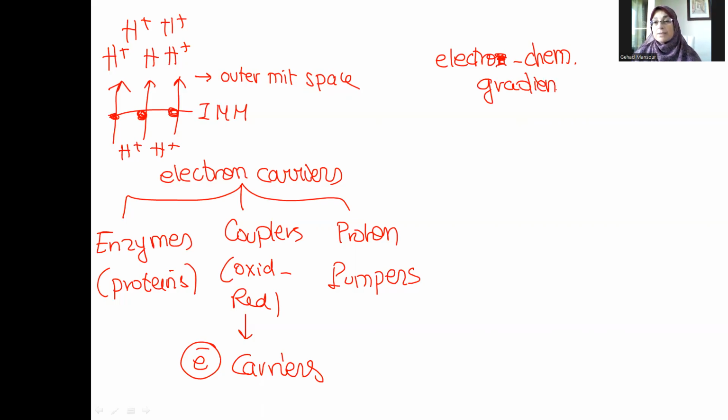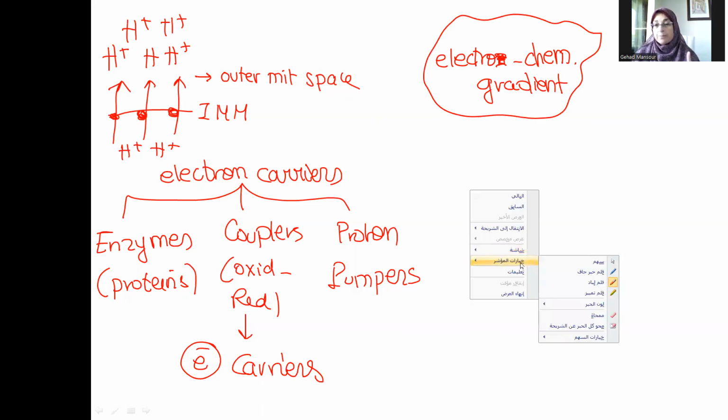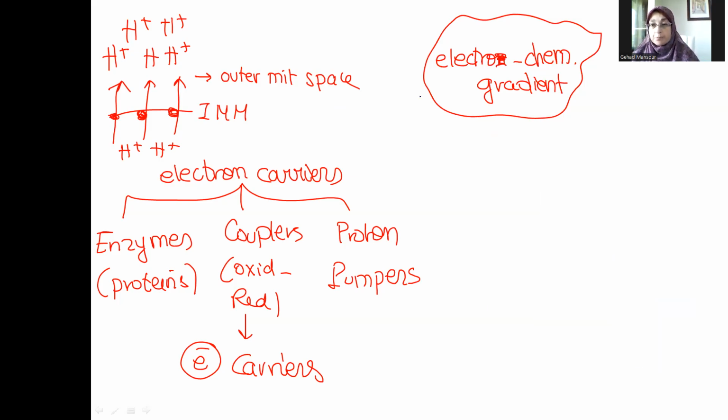And here there is a very important concept that you have to know, which is that this electrochemical gradient would not have been created and preserved if there weren't a plasma membrane.